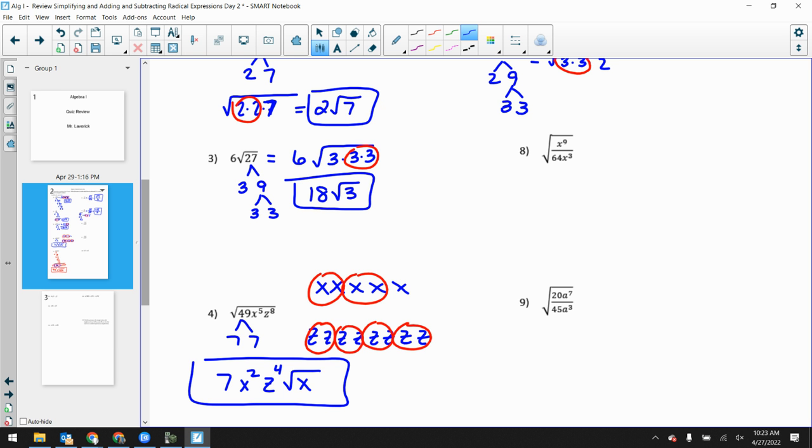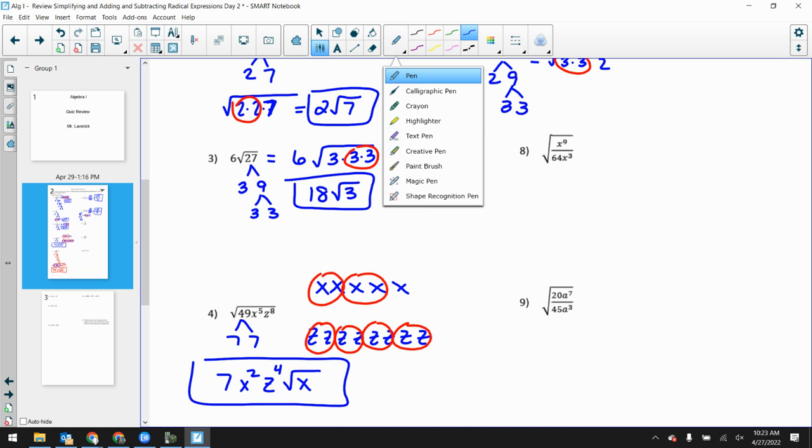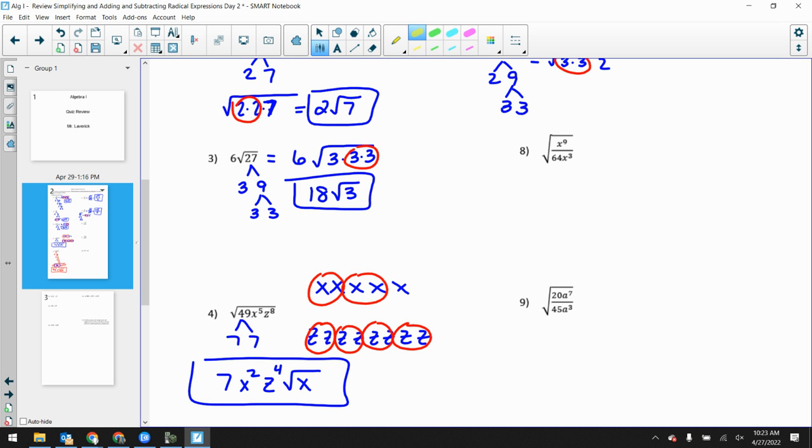I'm not dividing the numbers, I subtract the exponents, right? So this x to the 9th over x to the 3rd will become an x to the 6th.